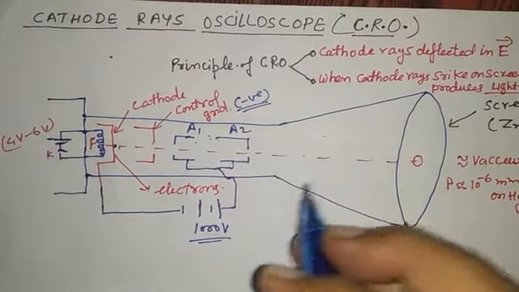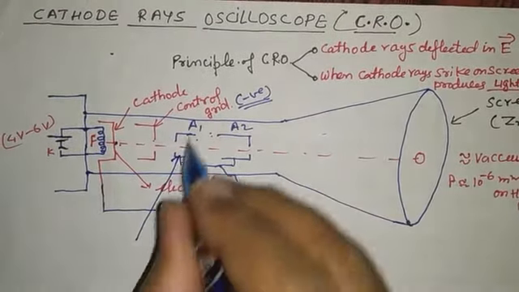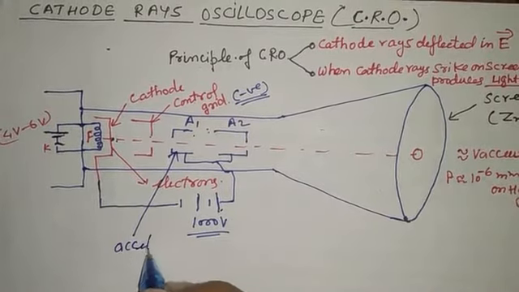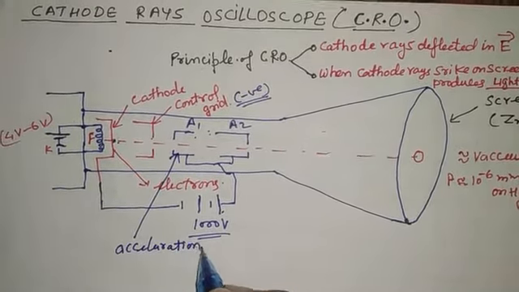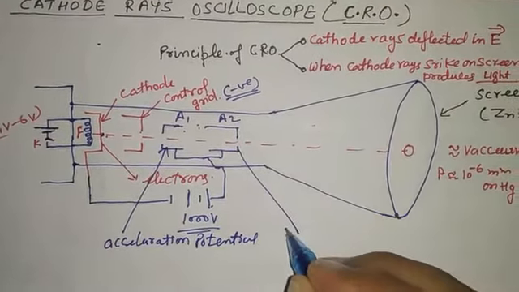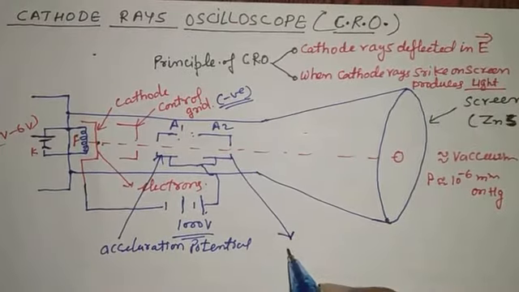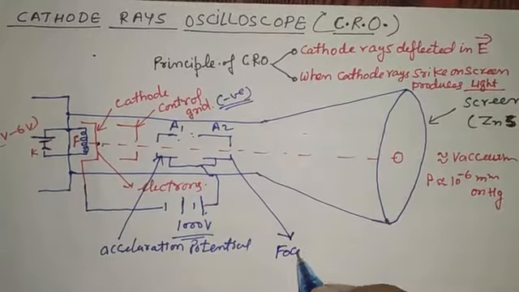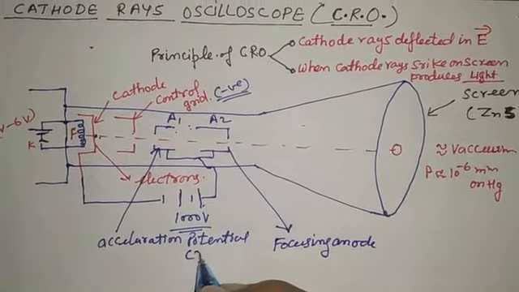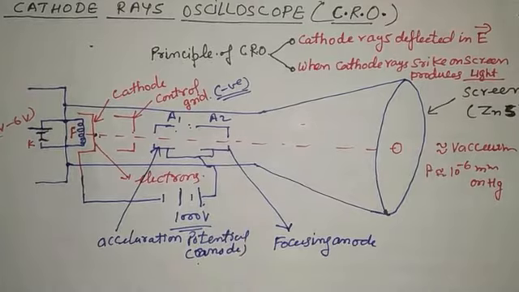Here are two plates, A1 and A2. The A1 plate, which is kept at a higher positive potential, is known as the accelerating potential, and A2 is known as the focusing anode or potential. This is also called the pair of anode plates. Both are kept positive.